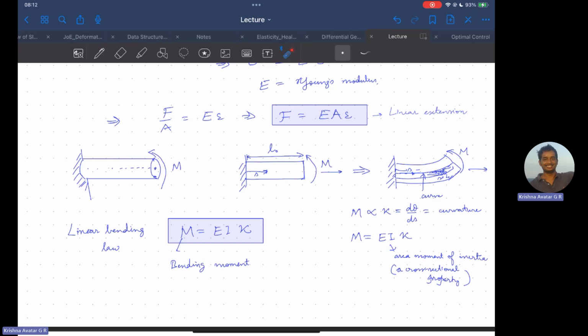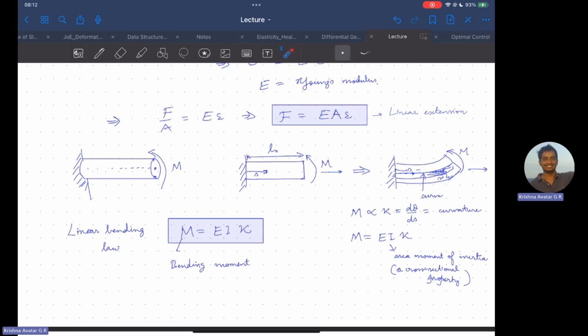When you look from sideways, the cross section appears as a vertical line, and then you are applying this bending moment M. The structure deforms, and as a result of this deformation, even the center line, which is the locus of the centroids of all the cross sections, is getting bent.